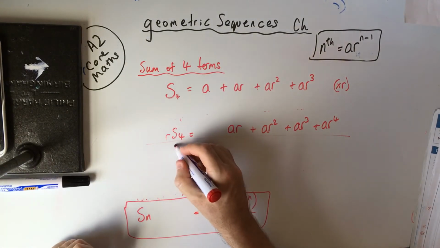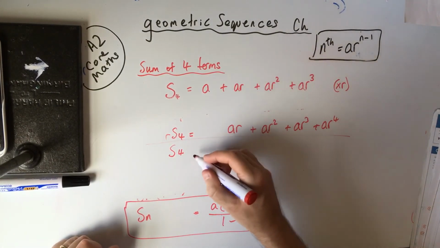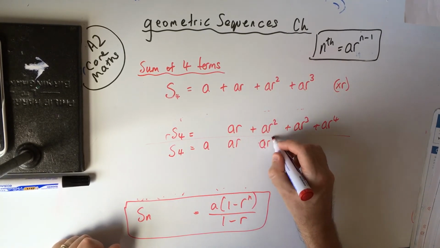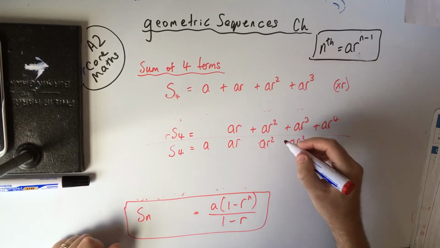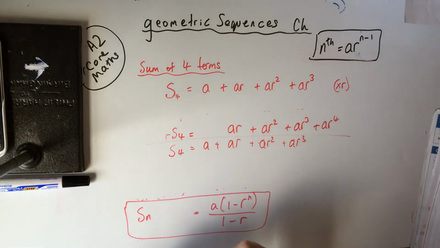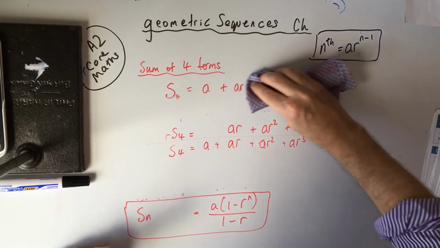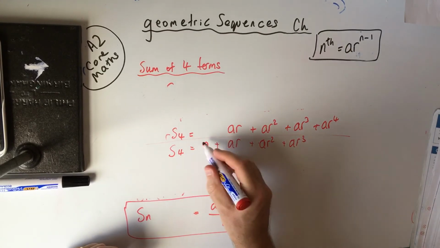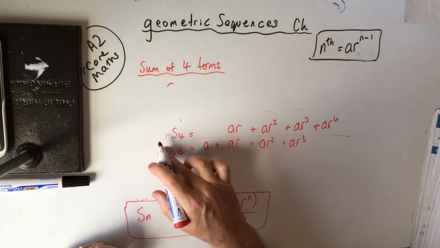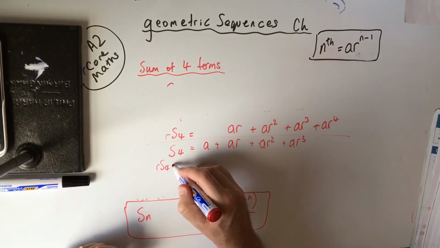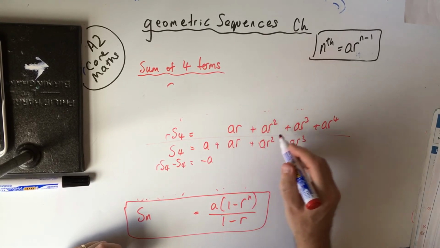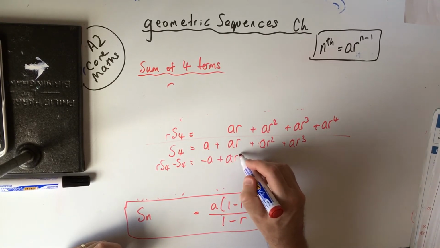So if I write this one underneath, ar squared, ar cubed, I've just moved this one down and written these two lines the other way around. I've now got them that way round, and I can do the takeaway here. And if I do the takeaway here, I've got r times s4 minus s4 is equal to, and that's minus a, plus ar to the 4.